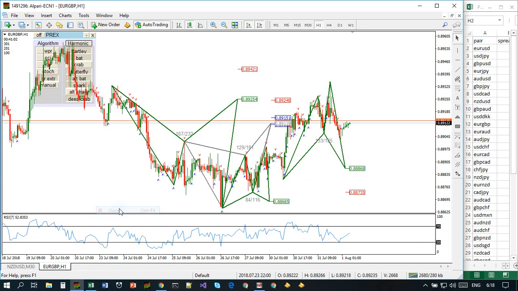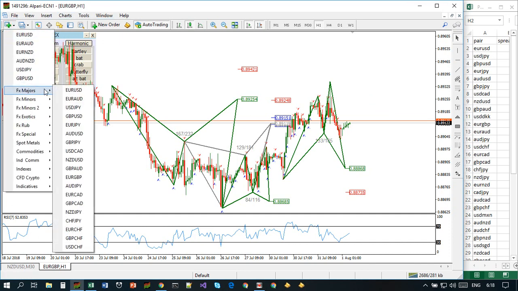Nothing on pound Canadian. Switch to next pair, Swiss yen. It is exactly the same as Euro yen. Let's check the New Zealand yen instead.